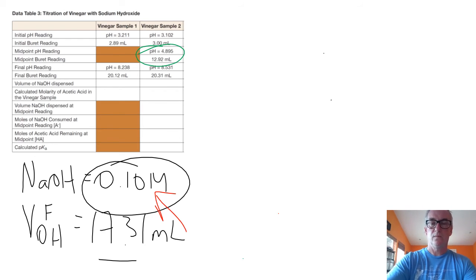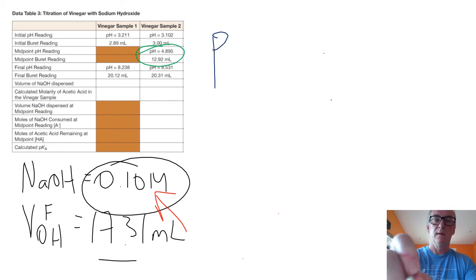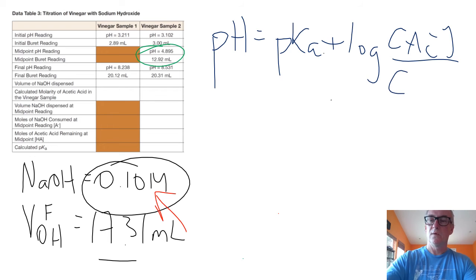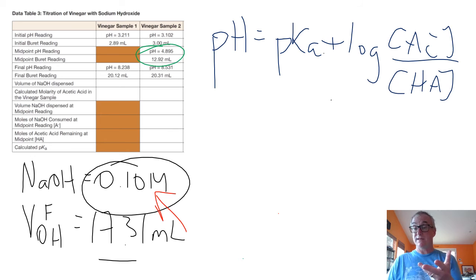Okay, one last time: pH equals pKa plus log acetate ion divided by HA. And we're going to use moles instead of moles per liter because it'll give us the same thing.